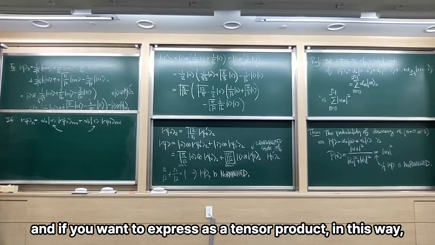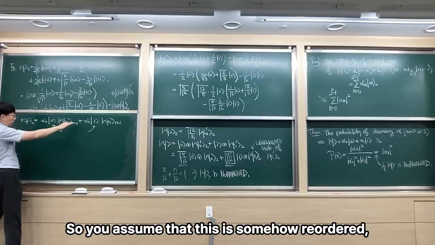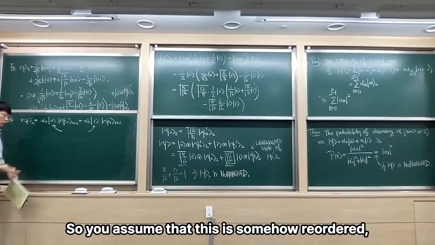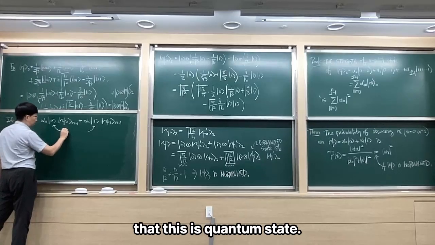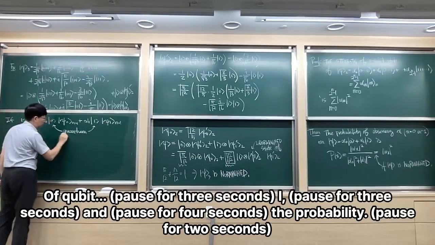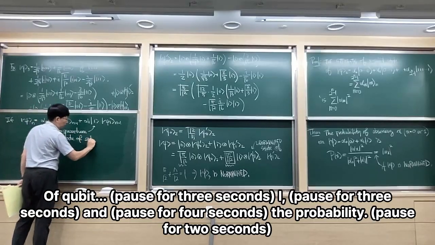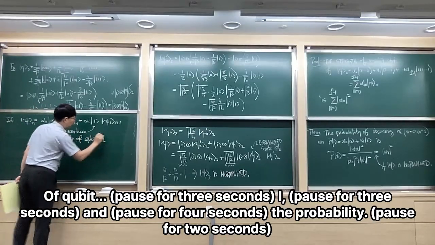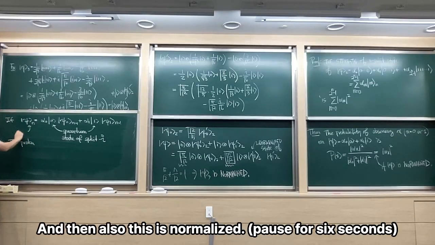If you want to express it as a tensor product in this way, you have to switch the order of the qubits. So we assume that this is a reordered state, and that this is the quantum state of qubit I, and also this is normalized.